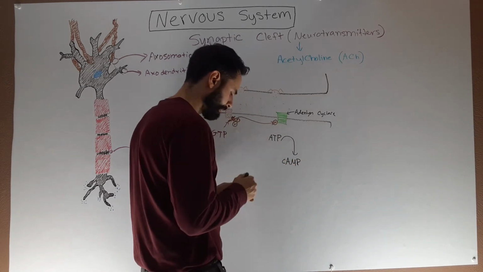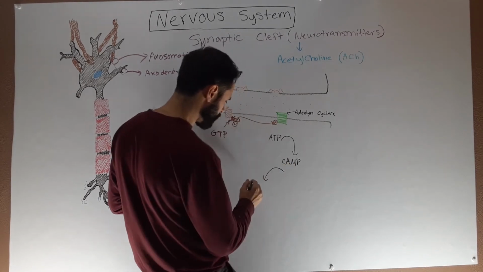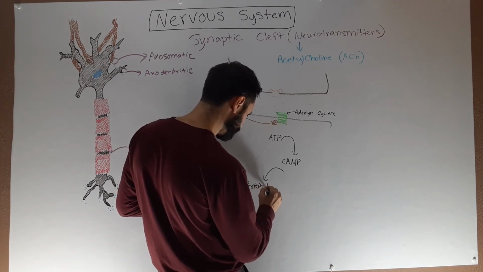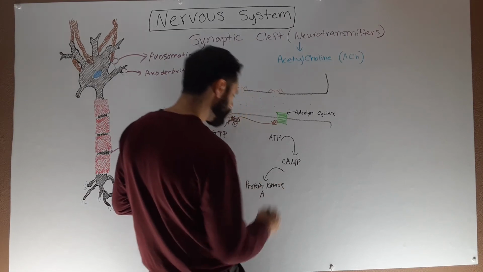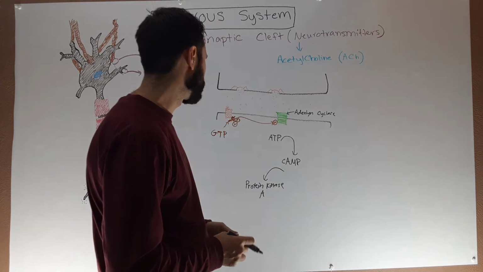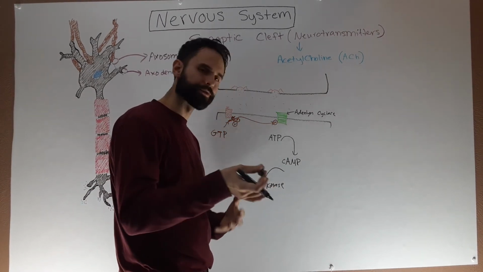This cyclic AMP is then going to act on what we call protein kinase A. Now, remember when I was talking about if it ends in -ase, you're working with an enzyme. Kinase, and you're saying kinase, you're going to be dealing with phosphorylation.